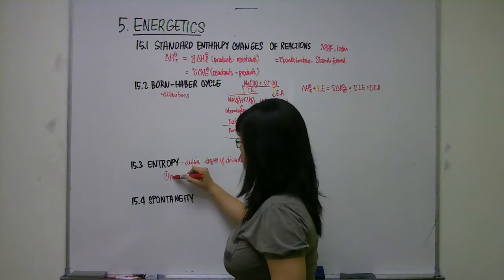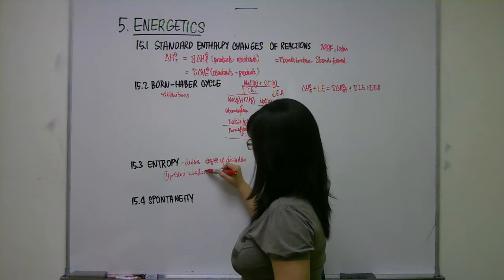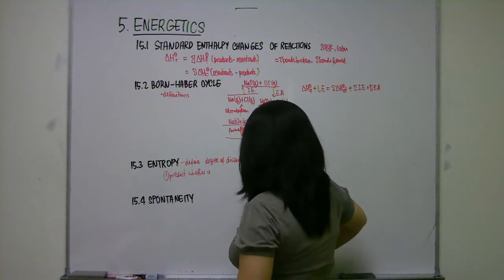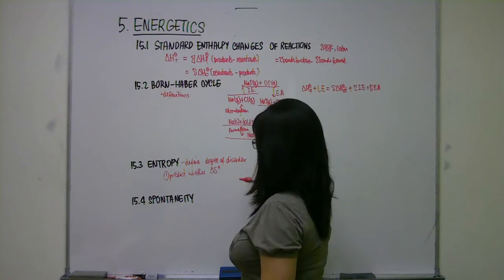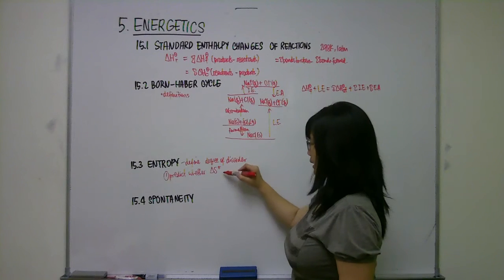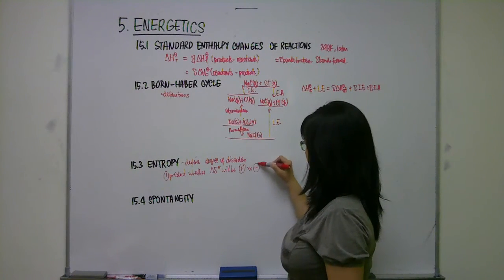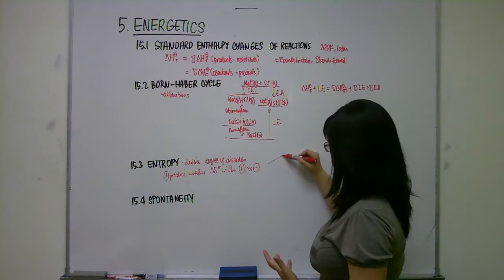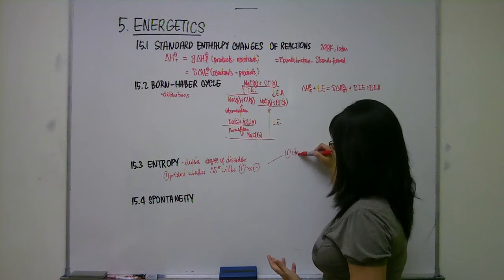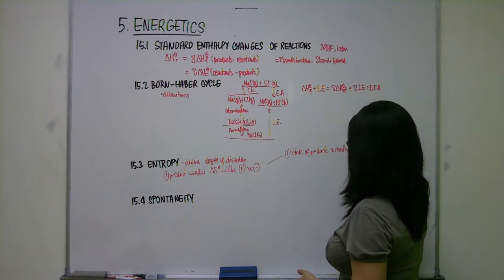One is to predict whether a standard entropy change will be positive or negative, just based on the reaction. So here, the first thing that the students have to look out for is the state of products and reactants.